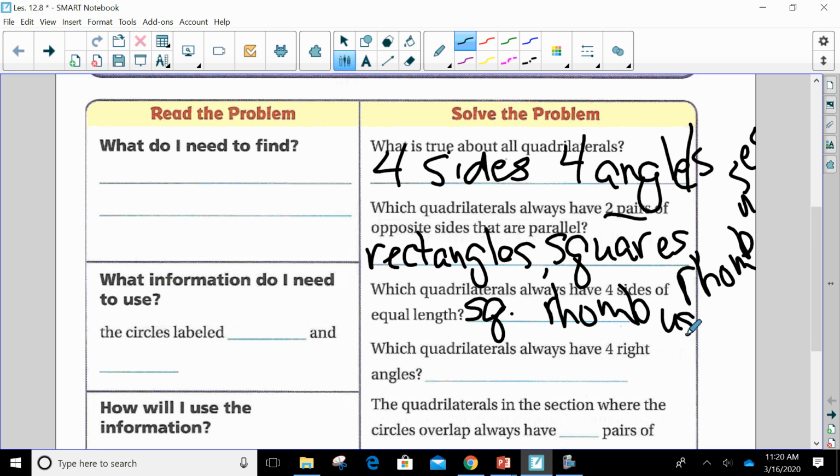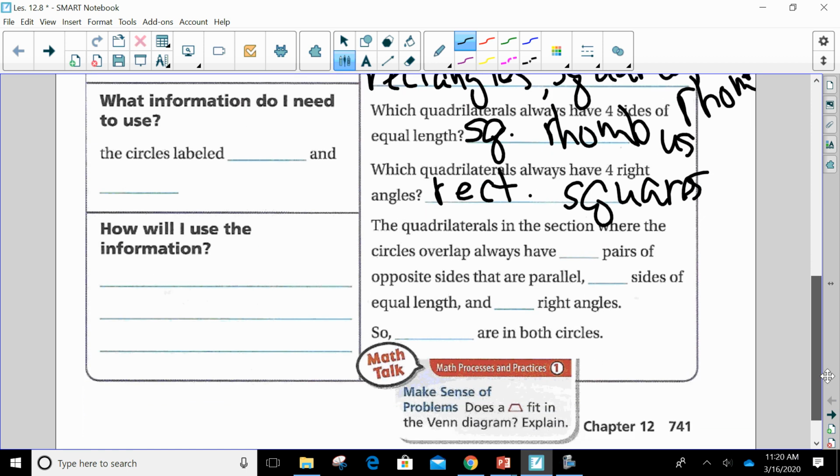Which quadrilaterals always have 4 right angles? Well, we know that one. It is a rectangle and the squares. The quadrilaterals in this section where the circles overlap have 2 pairs of opposite sides that are parallel, 4 sides of equal length, and 4 right angles.